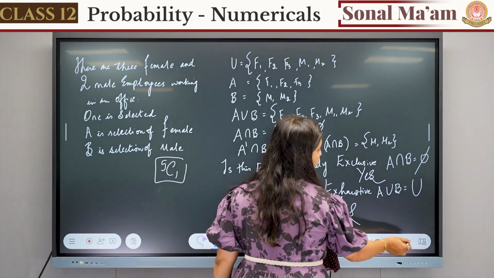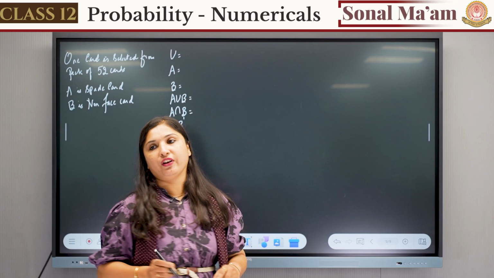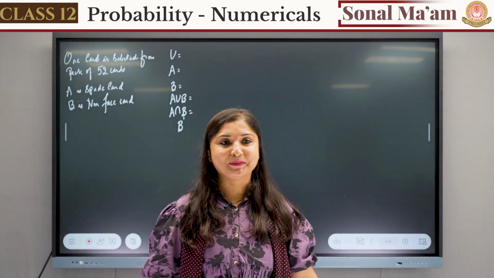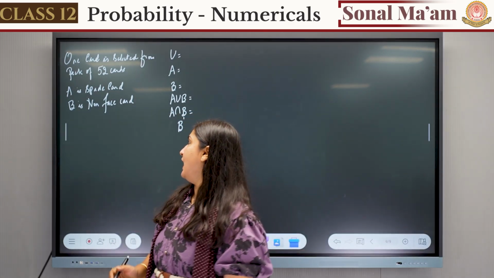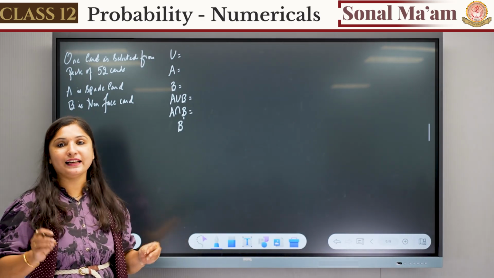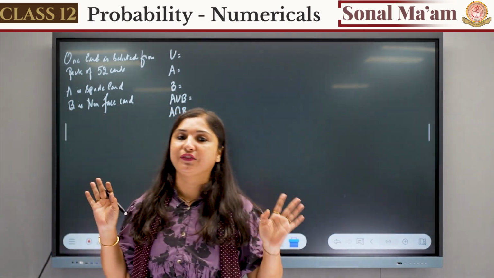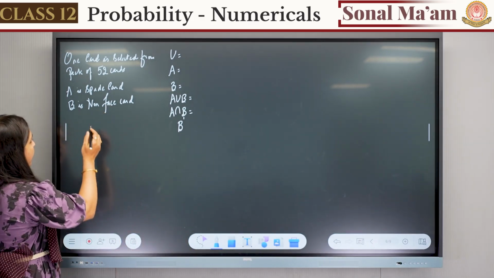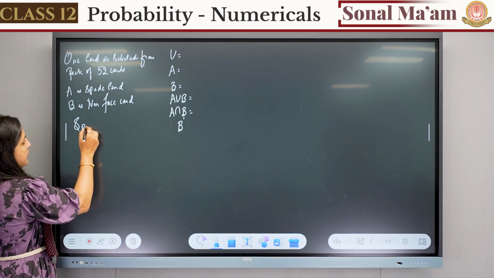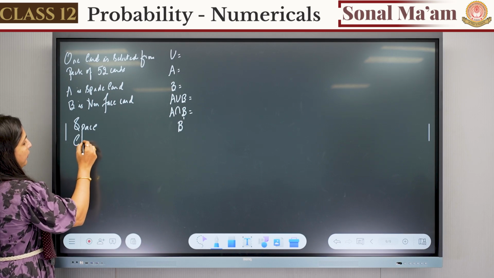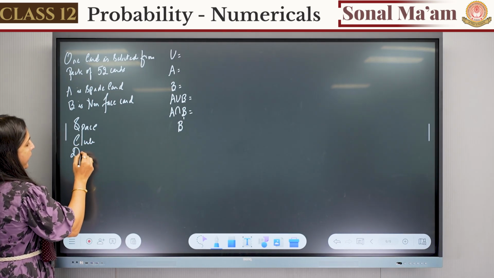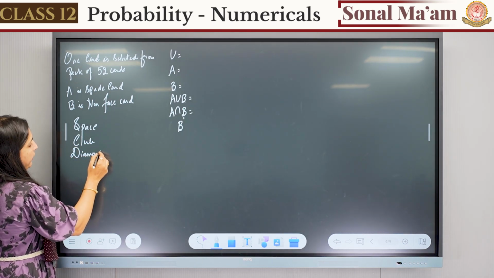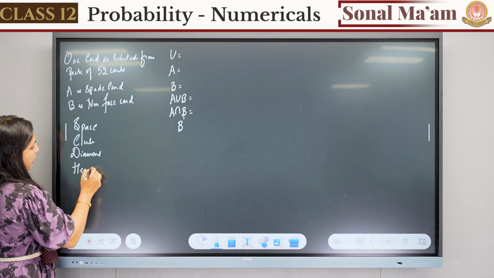Now, next we will be going to do your favorite sum of cards. Okay, let's start. Now, as it is, you all know how many cards we have? 52 cards we have. Okay, we have spade, we have club, we have diamond, and we have heart.